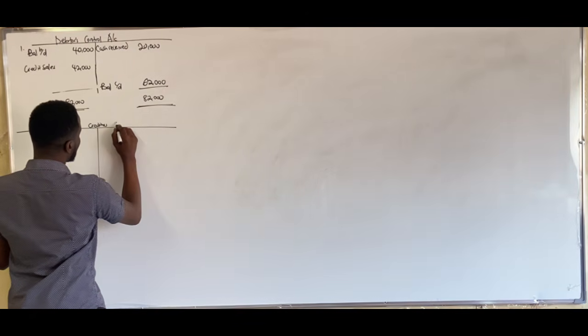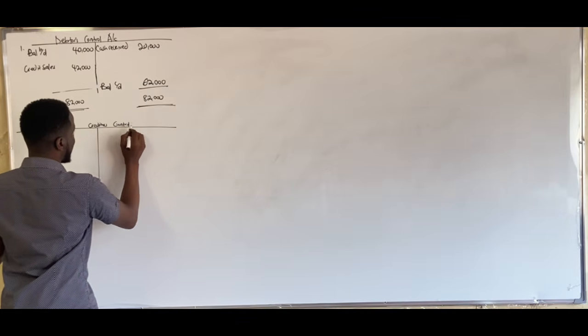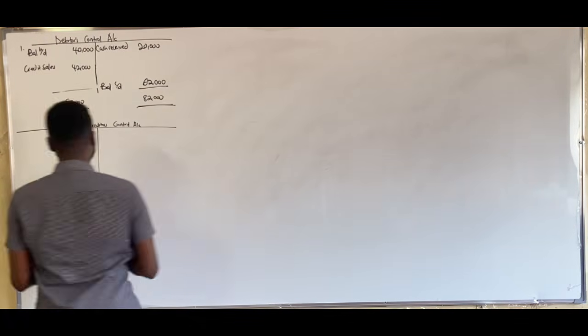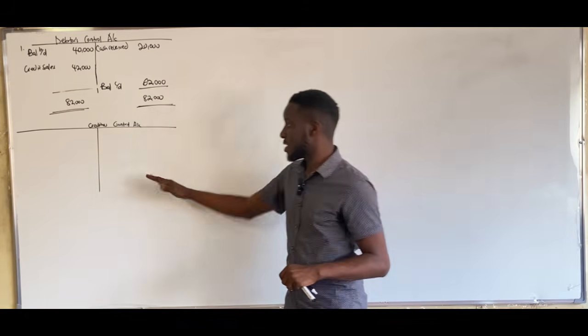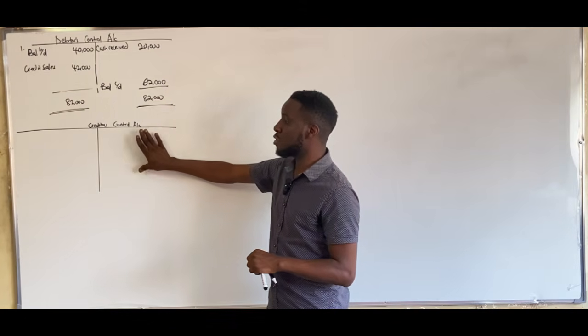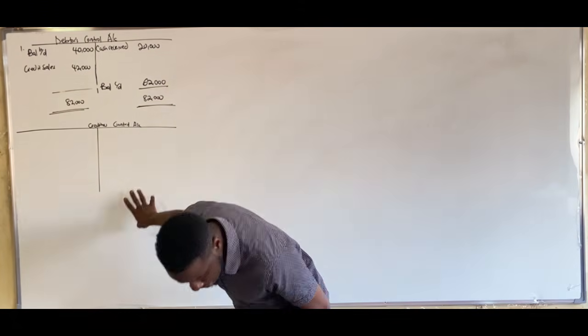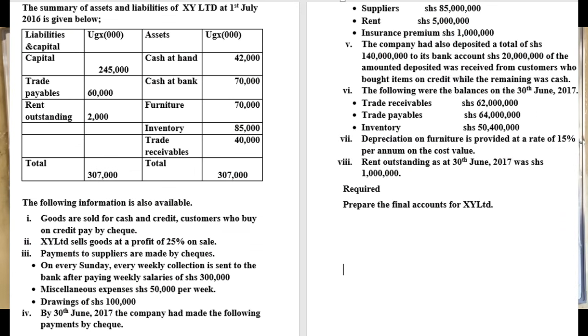So the creditors control account, like I told you, the balance brought down, because creditors are a liability to the business. So liabilities have a normal credit balance. Therefore, the balance brought down for the creditors, if you can check through the question, it is 60,000. So you bring the 60,000 here.